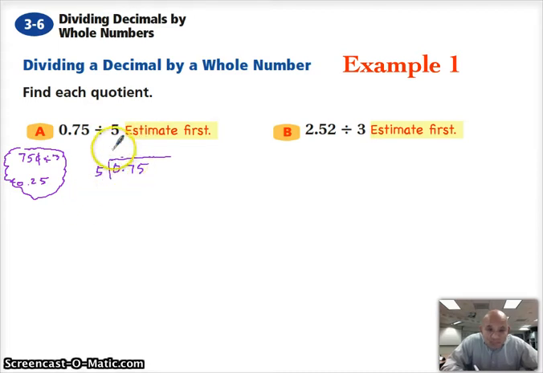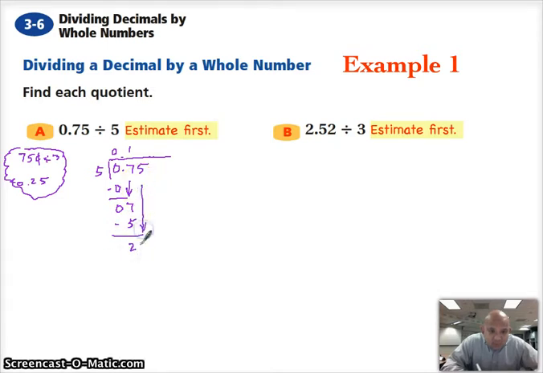5 goes into 0 times. 0 times 5 is 0. Subtract here, it is 0. Bring down the 7. 5 goes into 7 once. 1 times 5 is 5. 7 subtract 5 is 2.